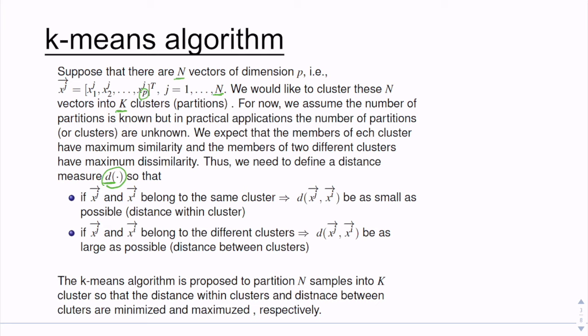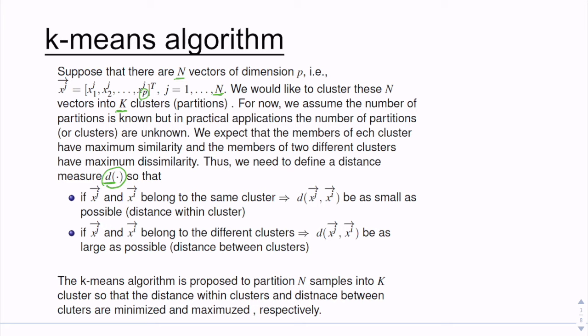So these are the two goals we are following when we want to do the k-means algorithm. The idea is now clear about what we want to do. We have n vectors. We want to cluster these vectors into k partitions.